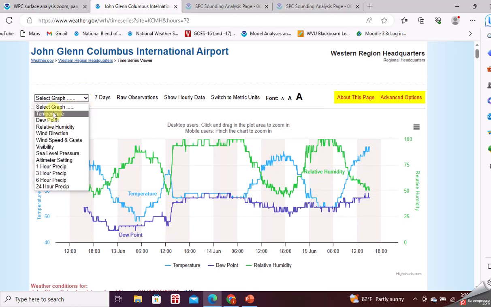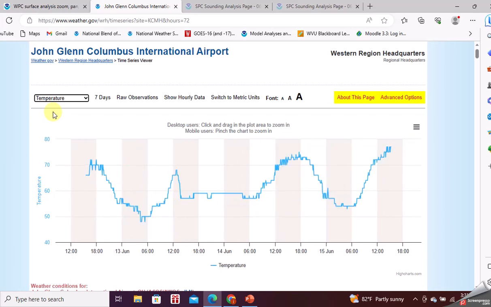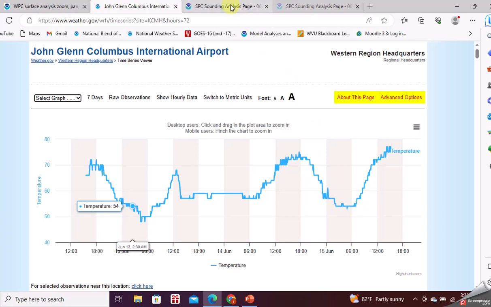We'll just look at temperature. Notice it falls off very quickly at night and rises during the day. Oh yeah, there are a lot of clouds here, I bet, keeping it kind of constant. Then back in the daytime, it picks up and drops back off at night. So you can see the flow of infrared radiation.